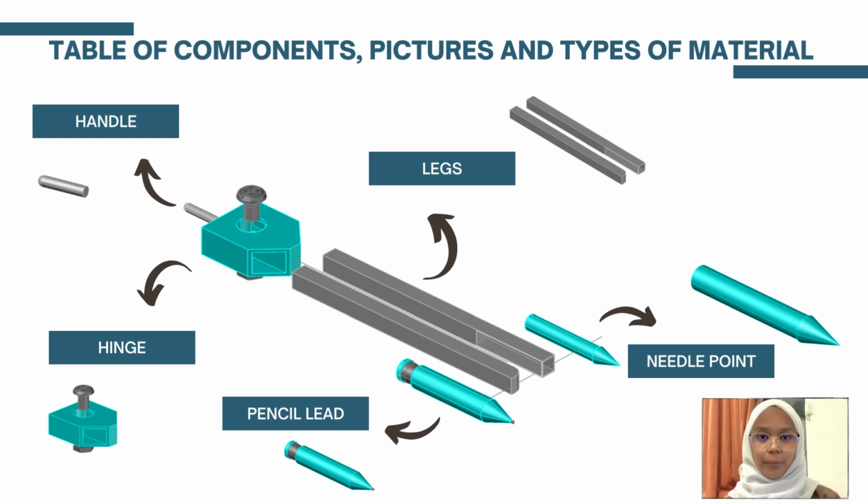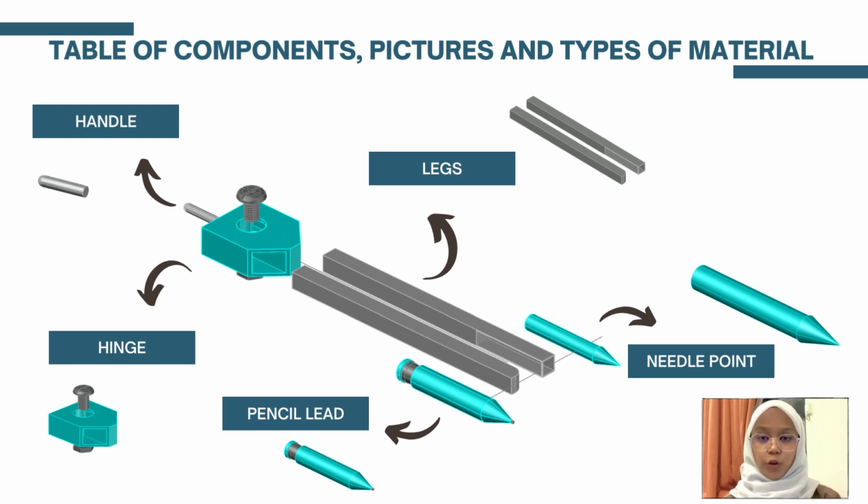Next, this compass has 2 types of legs. The first is the steady leg, whose function is as the basis or support for the needle point. Meanwhile, the other leg is the adjustable leg, which can be altered in order to draw different sizes of circle. Next is pencil lead.